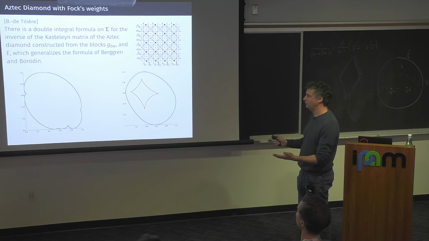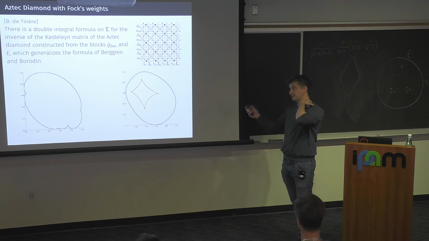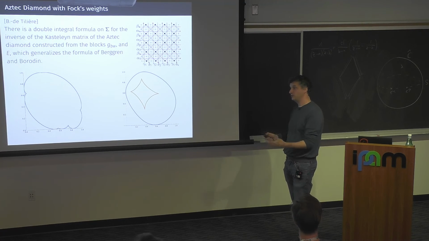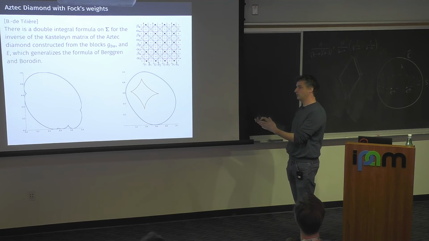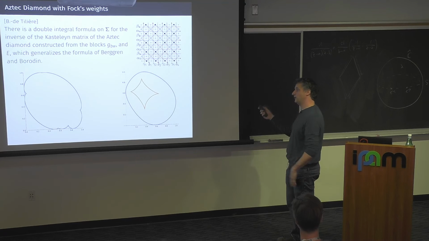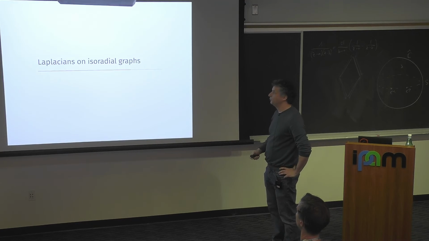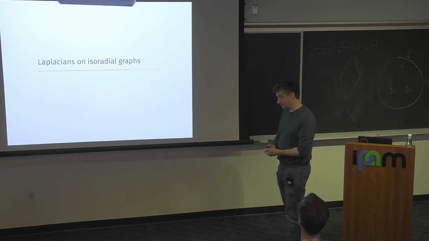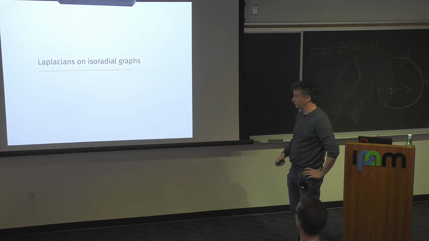Okay, so I would like to say a few words about how to generalize this setting to Laplacian, because in Rick's paper on isoradial graphs, he was treating not only the inverse of the Kasteleyn operator, but also the inverse of the Laplace operator on these isoradial graphs. So we would like to see how much content can be extended to this setting.